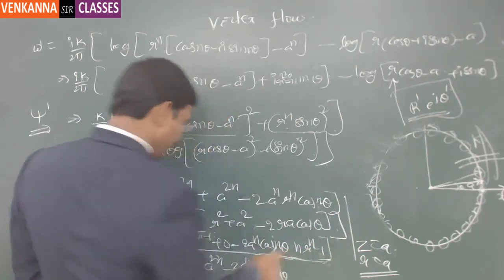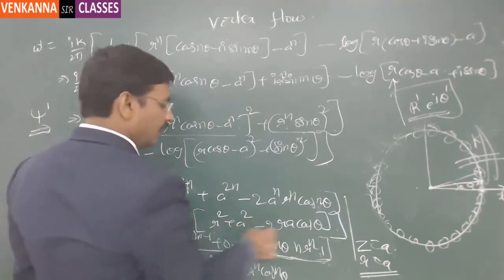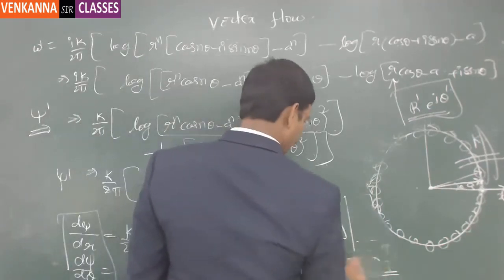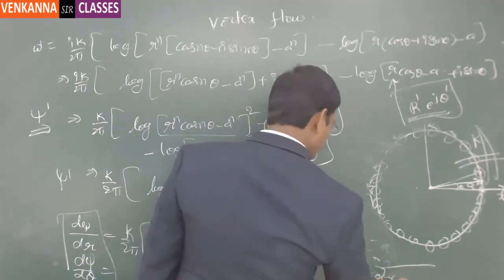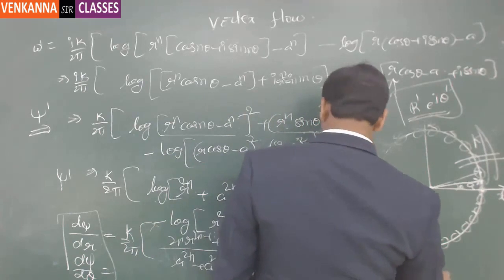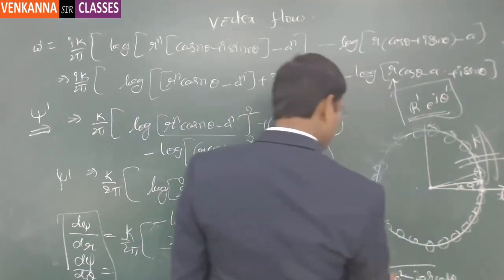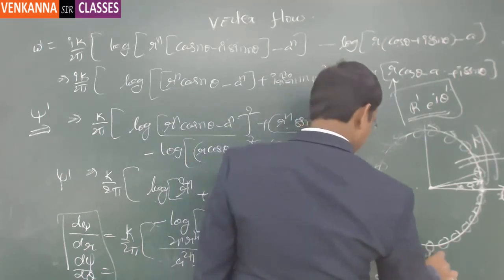Got it? This is the first part of it. Exactly in a similar manner, the derivative of the second part will be minus 1 by r square plus a square minus 2ar cos theta, and this derivative will be 2r minus 2a cos theta.